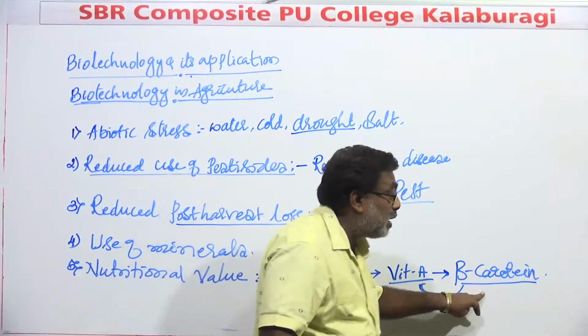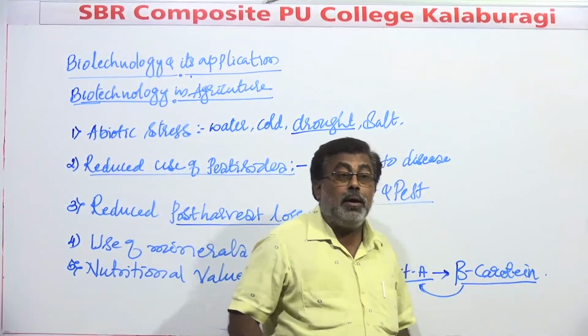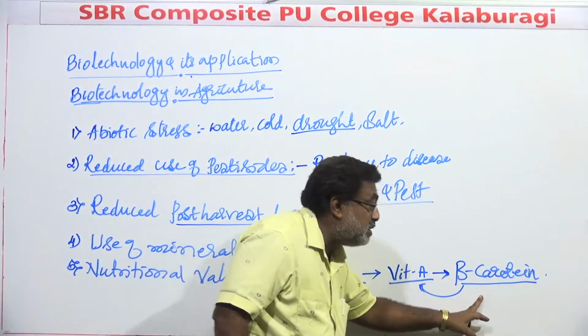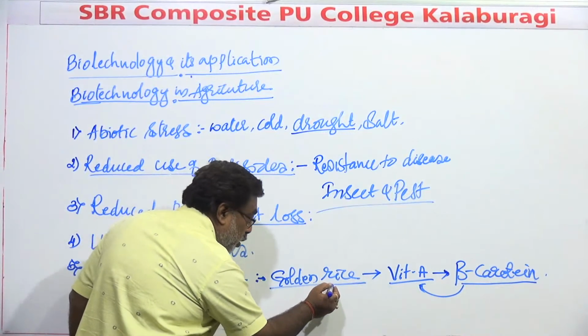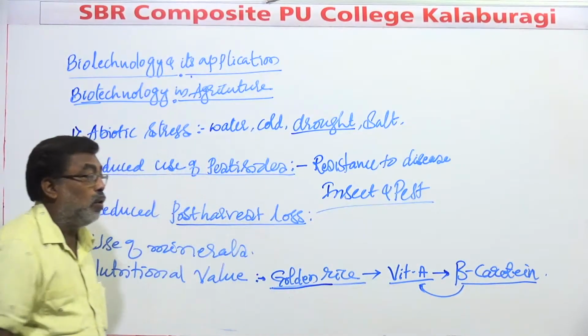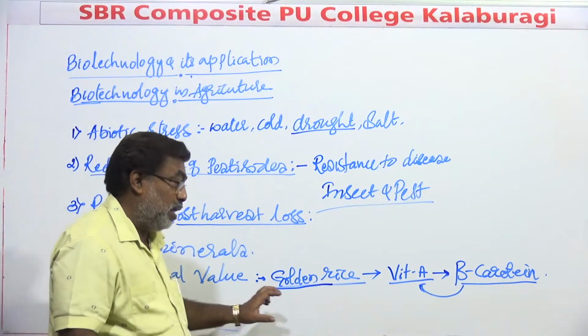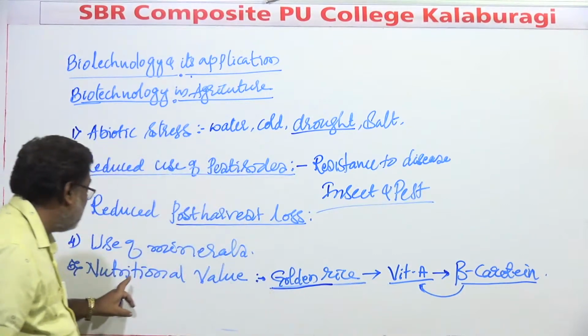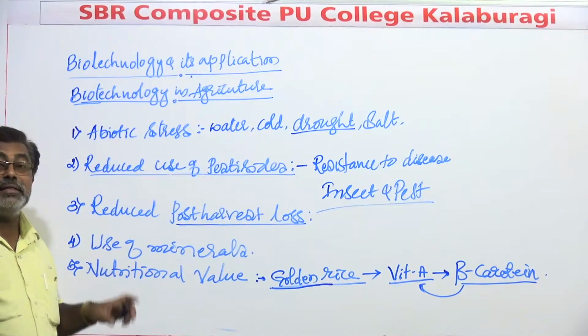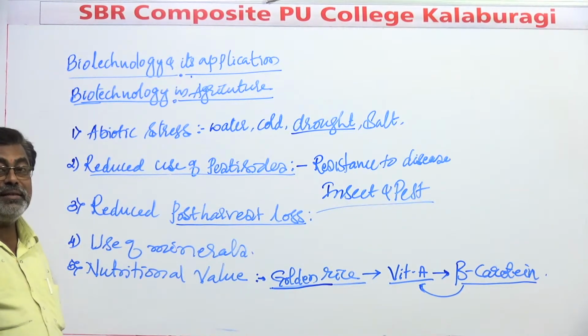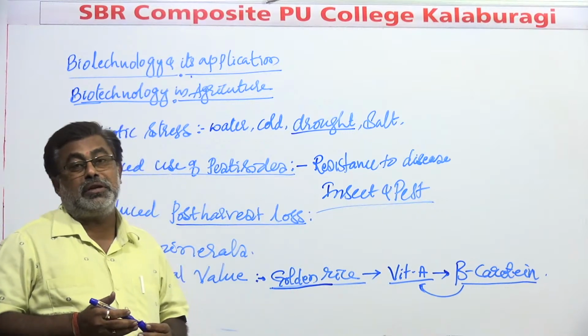So this beta carotene is called the precursor of vitamin A. Such genes are introduced into the golden rice, and this is called an increase in the nutritional value.